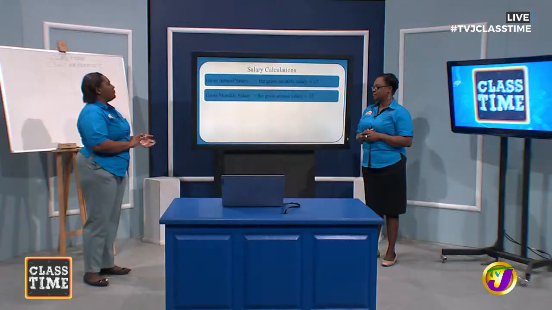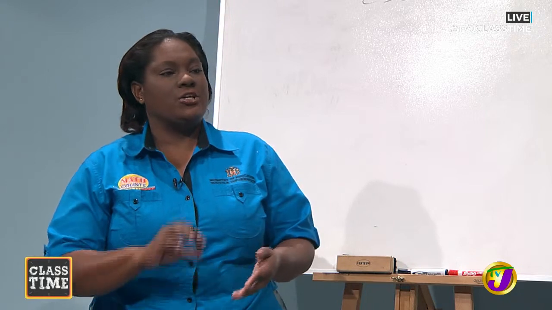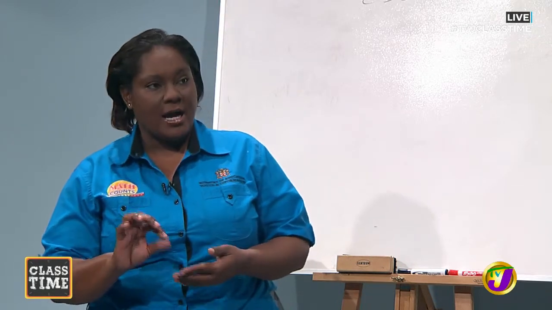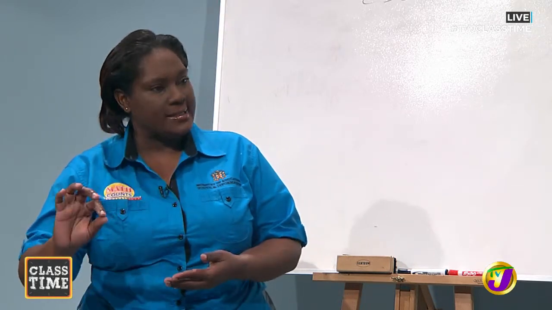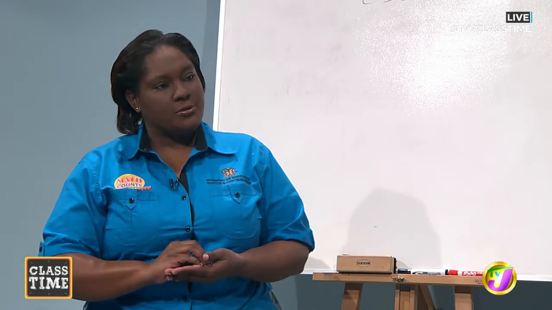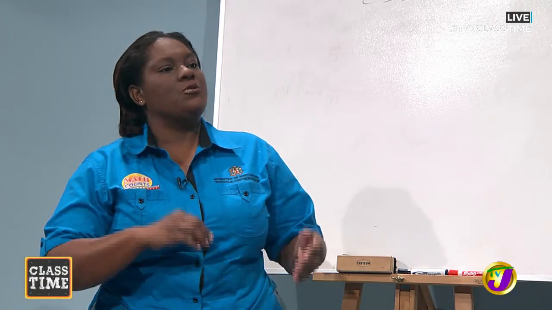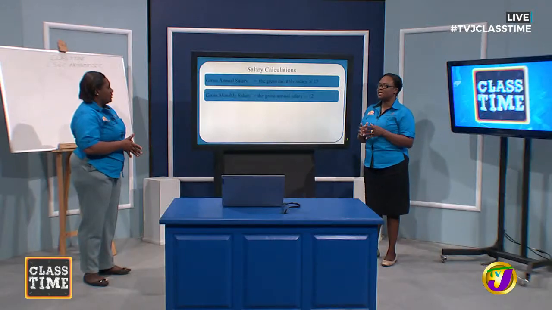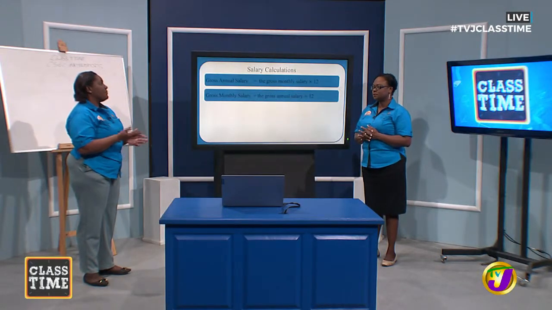Your employer might tell you that your gross annual salary is a certain amount, so if you want a breakdown, you have to do the calculations. Or if they tell you your gross monthly salary, to find the annual amount, you multiply by 12.